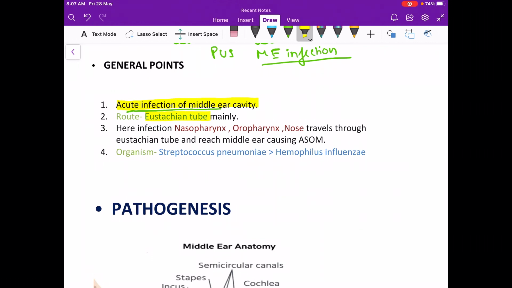The microorganism reaches the middle ear through the eustachian tube. The infection comes from the nasopharynx, oropharynx or nose. Through these three parts it goes to the eustachian tube, travels along it and reaches the middle ear.